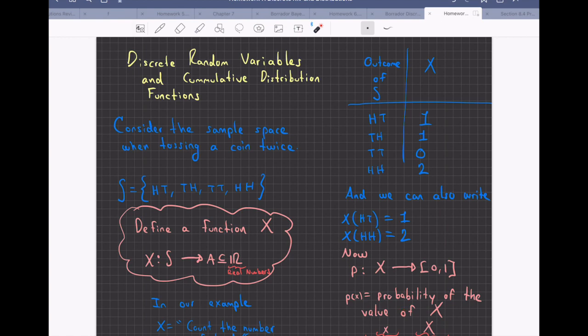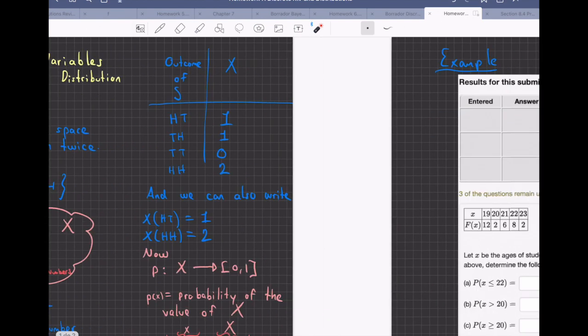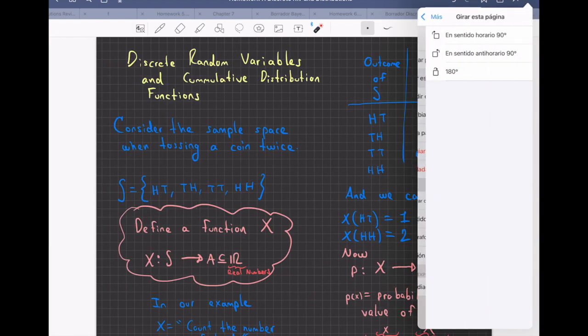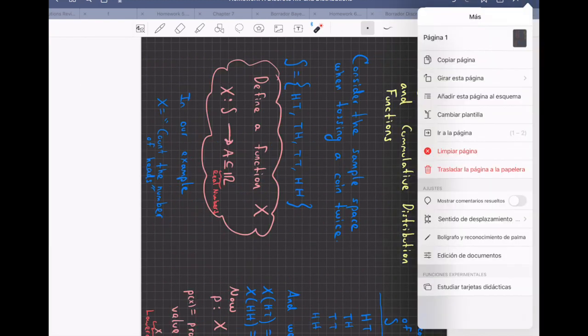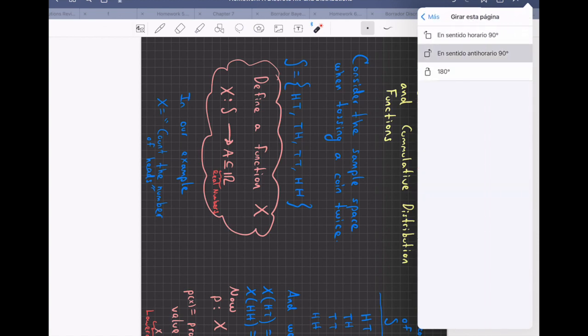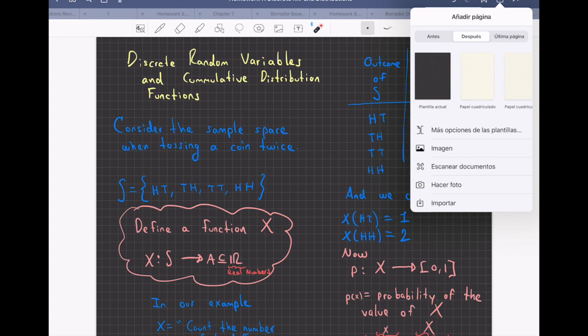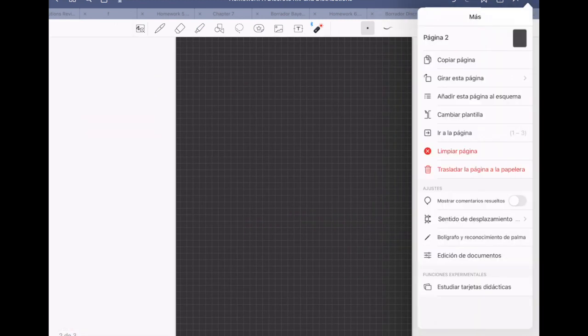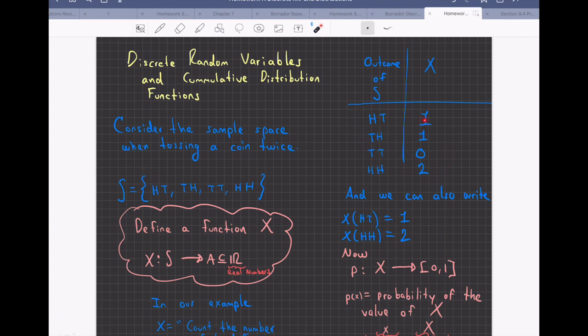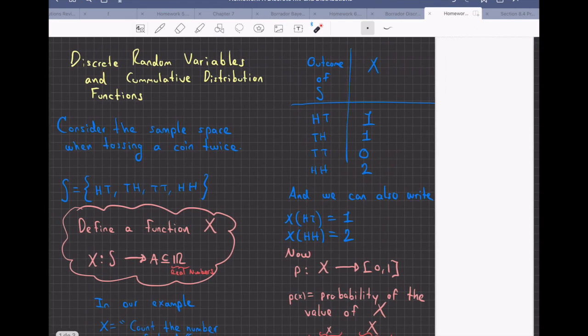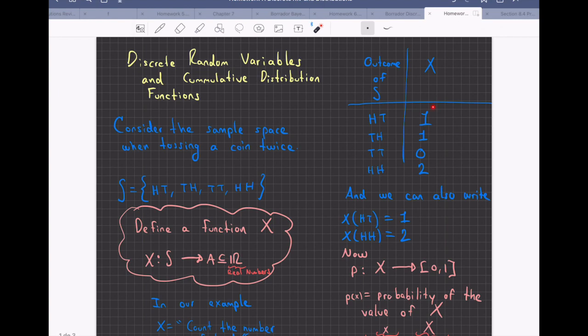So for example, in our example, I mean this example, this one, take into account all the possible values for x. The possible values for x are 0, 1, and 2 only.